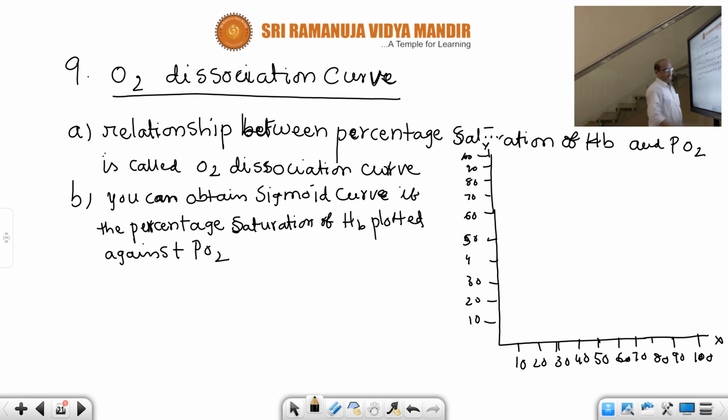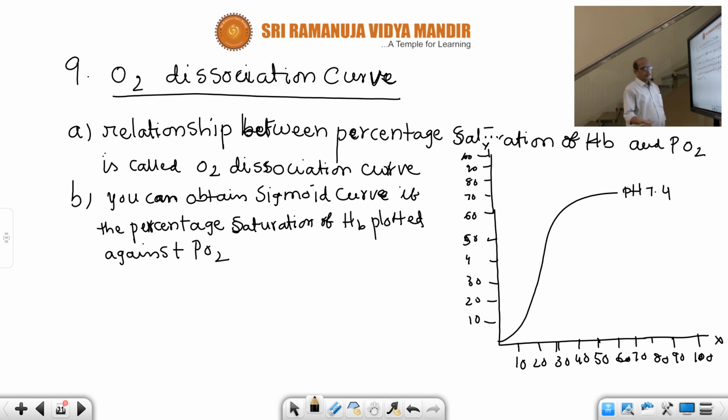So this is the sigmoid curve. The pH is 7.4. This O2 dissociation curve is given for the 2 marks question.